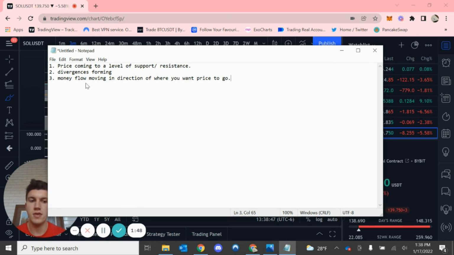And specifically, when looking at the money flow, it helps to go to lower time frames. Like in my examples, I was going down to the 24-minute, 12-minute, 6-minute, and looking at the money flow to see if they're kind of showing and doing the same thing as the higher time frame that you were looking at.